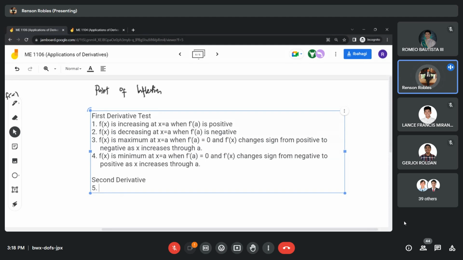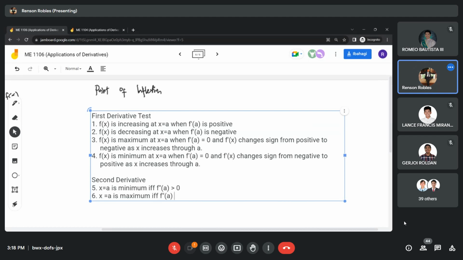Okay, x equals a is a relative minimum, or just minimum, if and only if f double prime at a is greater than 0. Okay, and 6, x equals a is maximum if and only if f double prime at a is less than 0.